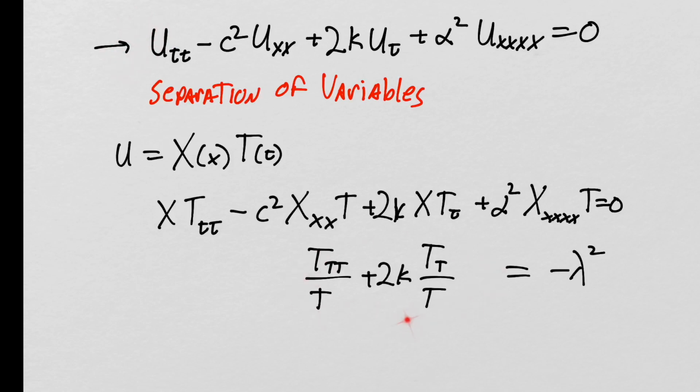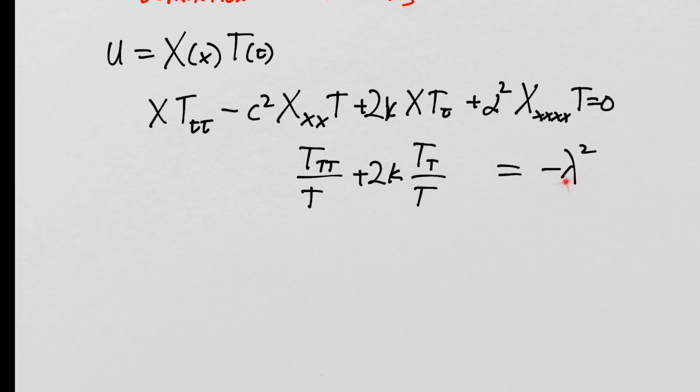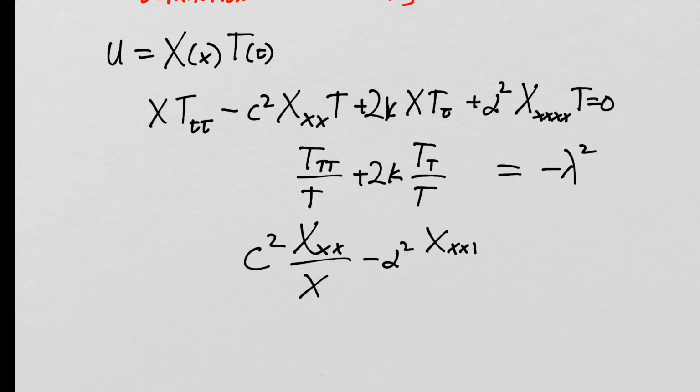So this would have had a 1 over c squared in it, but we're just keeping it with the x this time, and it really doesn't matter. Its effect is to change the units of lambda, right? That's the ultimate effect of that choice, but the choice itself is not that important. And then this becomes X double prime over X minus alpha squared X fourth derivative over X equals minus lambda squared.